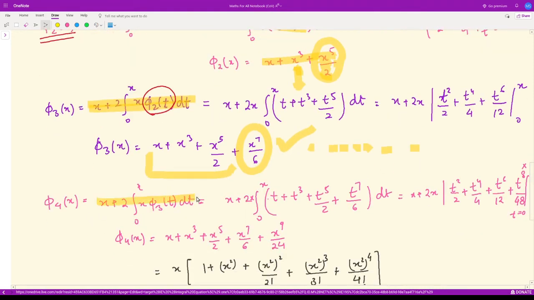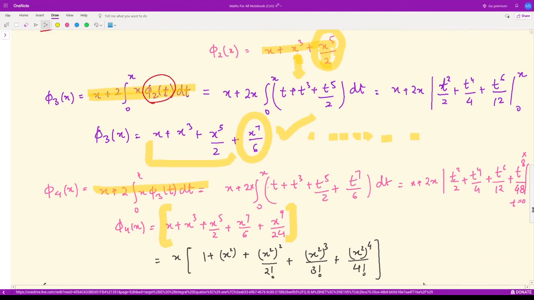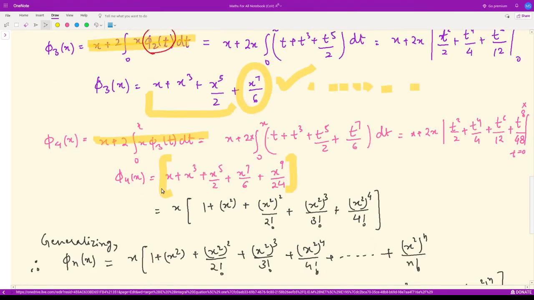With the same process, we end up with this term, right? In all the terms x is common, so clearly that could be taken out. I'm trying to generalize this to reach phi nx, because we cannot compute all the terms up to n.